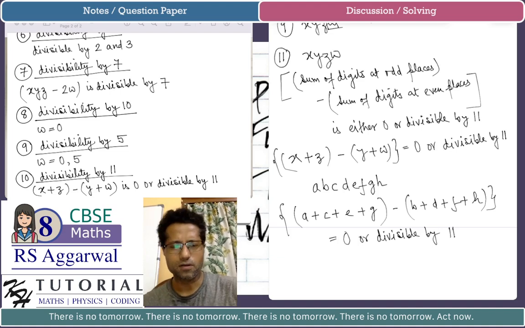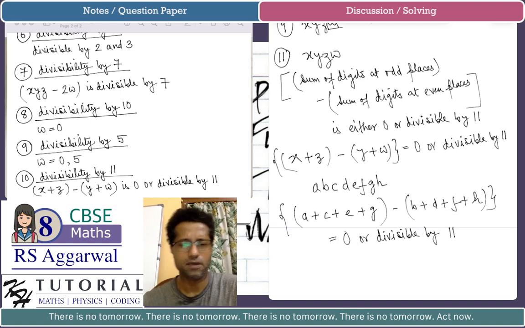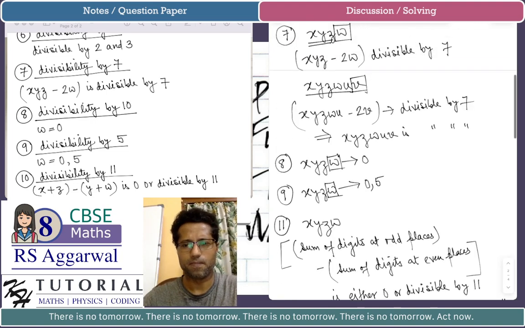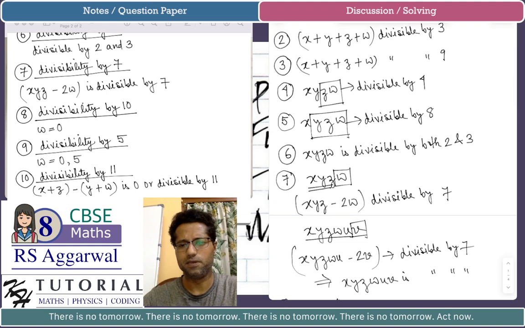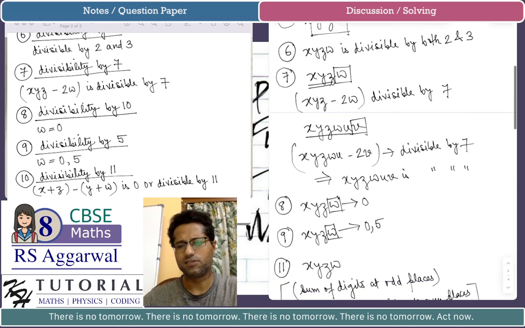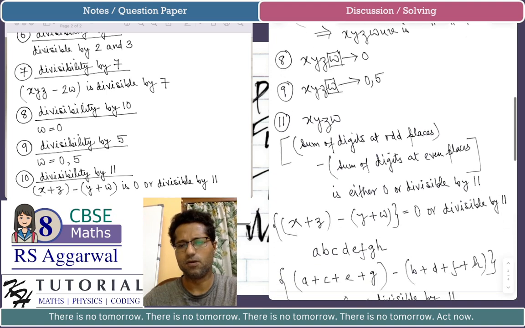So that was all regarding the rules for the test of divisibility by the numbers 2 to 11 of a given number. Some are very straightforward. A little complex could be divisibility by 7 and 11. 11 still is very simple. If you practice a lot of problems, you will get used to the rule.